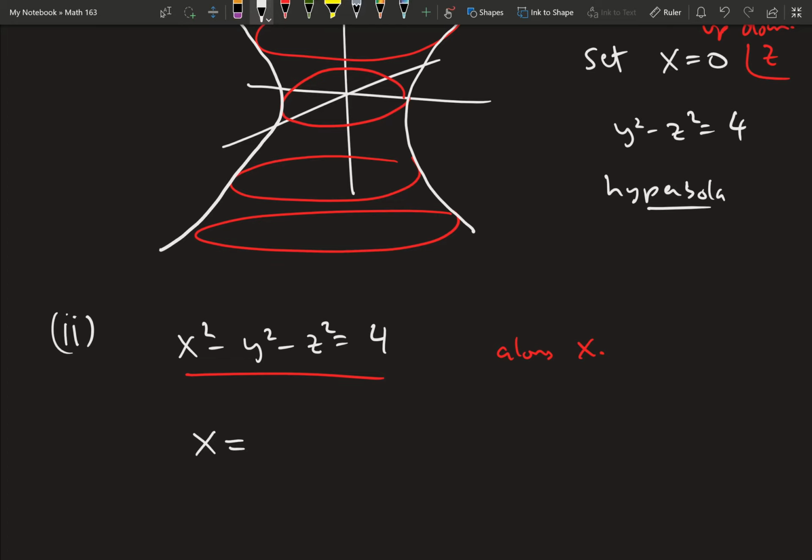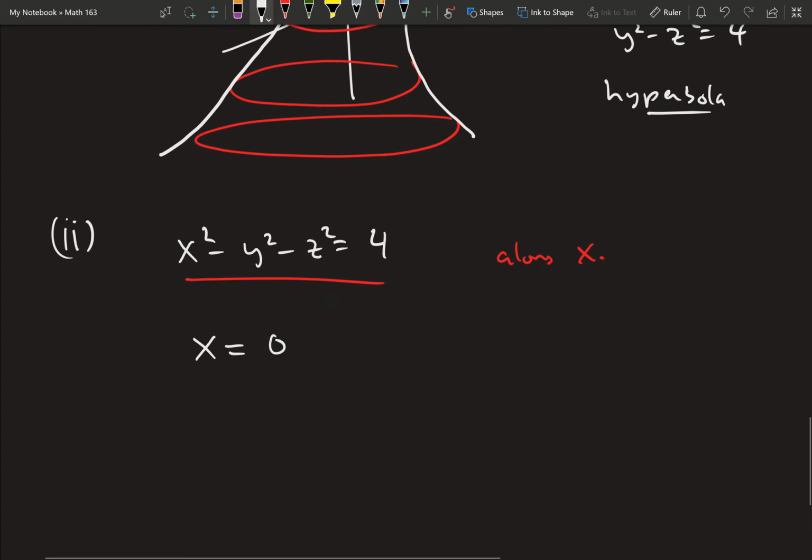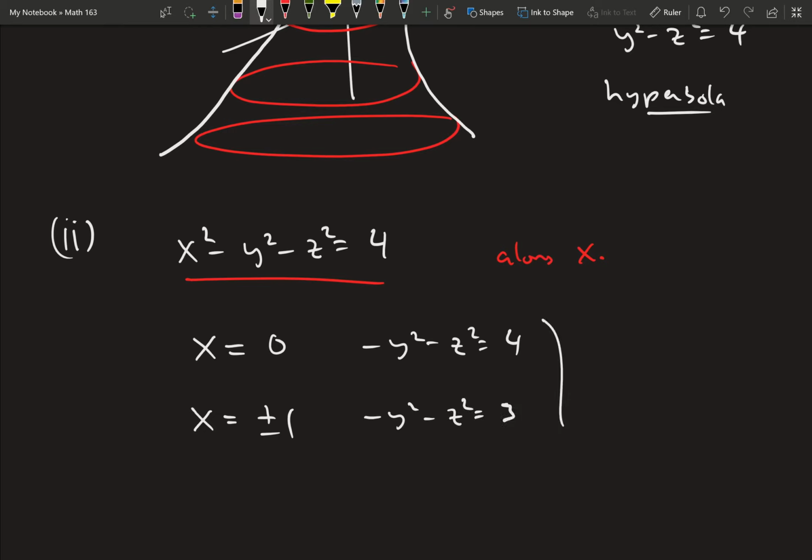So let's note that if you plug in first 0 or plus or minus 1, you end up with the following equations. These equations have no solutions because you have a negative number equaling a positive number. So there's no graph here, basically.